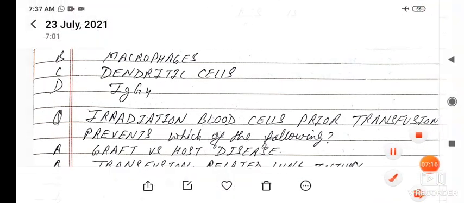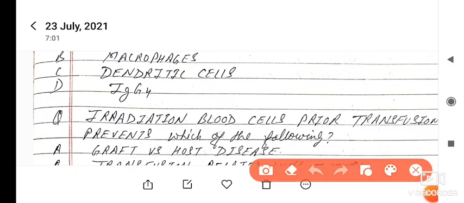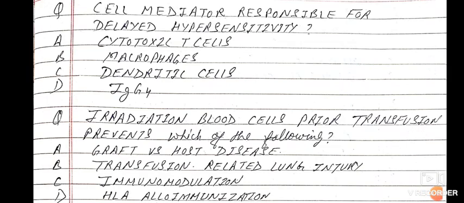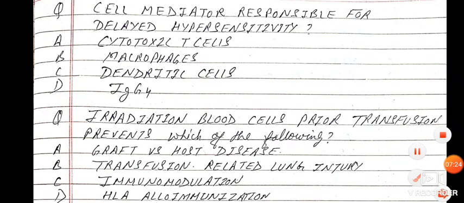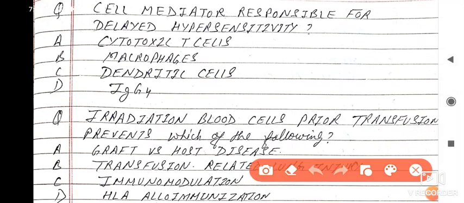Now the cell mediator response for delayed hypersensitivity. This is also a previously asked MCQ. The best answer here is cytotoxic T cells.